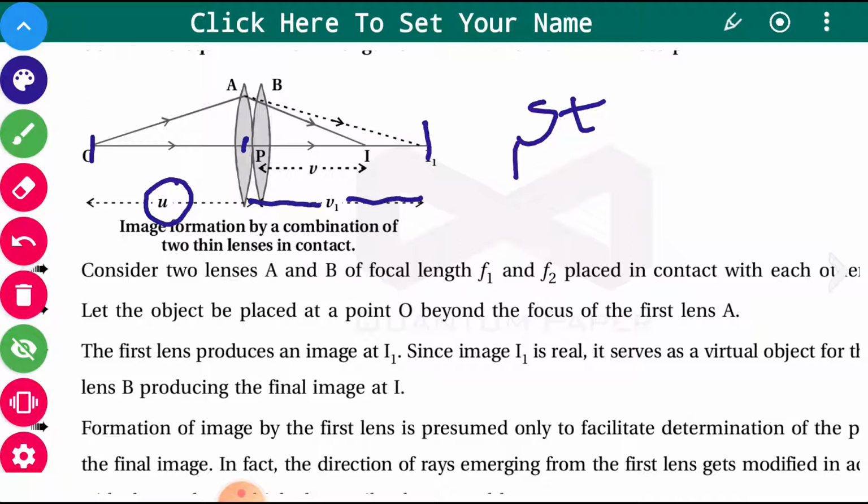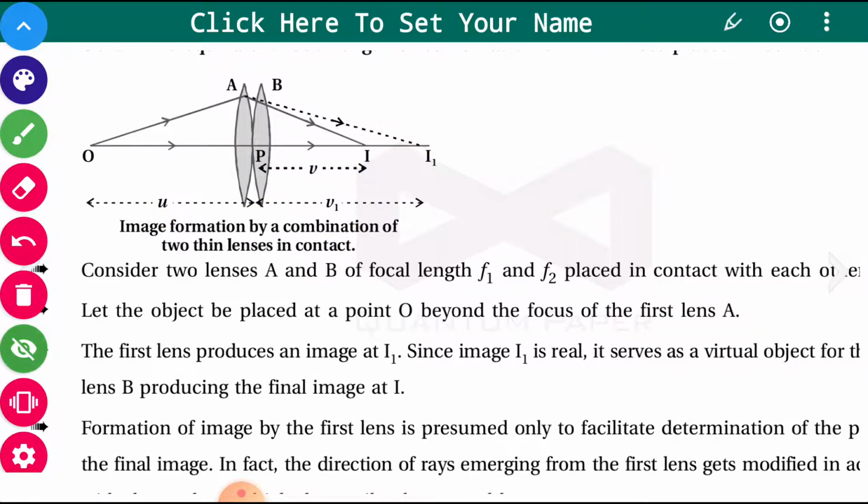This image behaves as an object for the second lens, so the object distance for the second lens is v1, and finally the image is produced at point I, so the image distance for the second lens, B, is v.